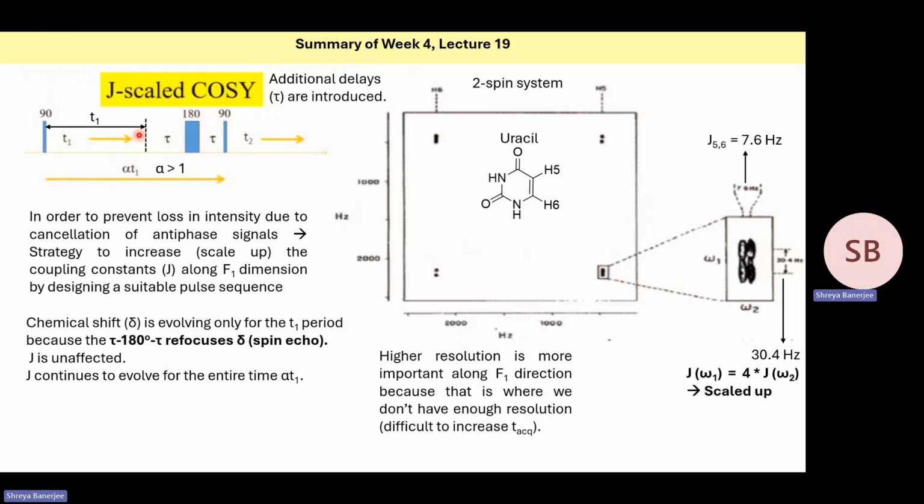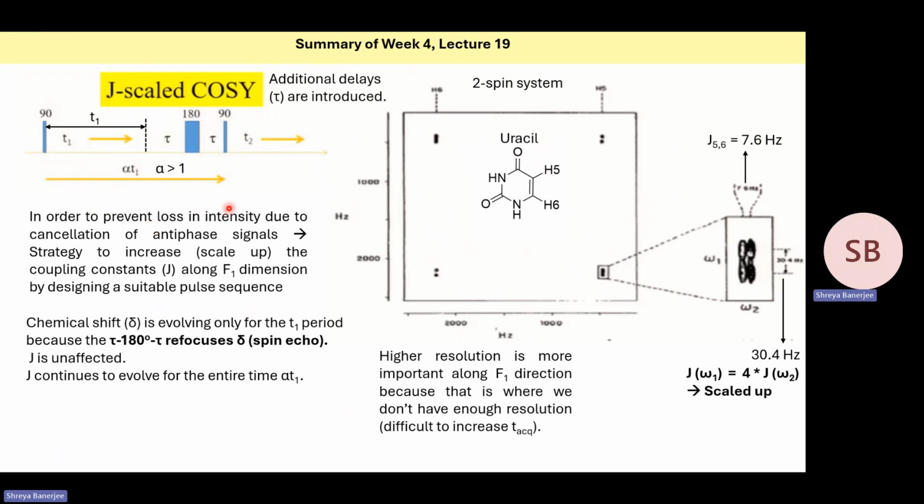Initially in COSY, a time of T1 was given. Now additional time delays of tau are added so that the total time from the beginning up to the collection is alpha T1. So first of all, why are we doing this?